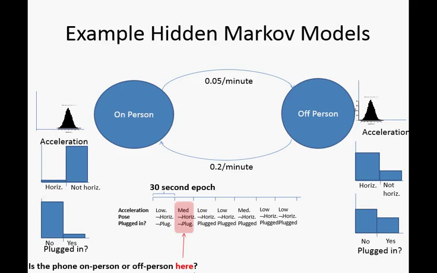So say during a given 30-second epoch, we have measurements, and I'm going to say we're in this epoch here. These are 30 seconds each. And for each of them, we're going to make some very, very simple measurements. We're going to measure a continuous accelerometer value as measured by a norm, a particular value.